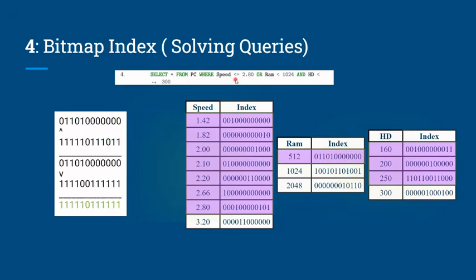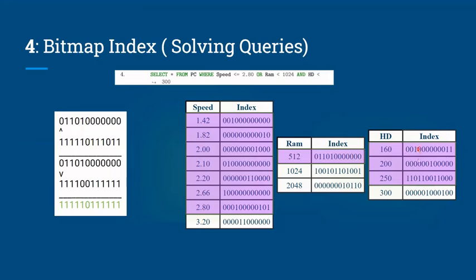So for the speed less than or equal to 2.8, we would have the whole range, 2.8 and whatever is less than that, and RAM strictly less than 1024, hence just the 512 index vector right there. And for the HD less than 300, strictly less than 300, so 250 and whatever is less than that.